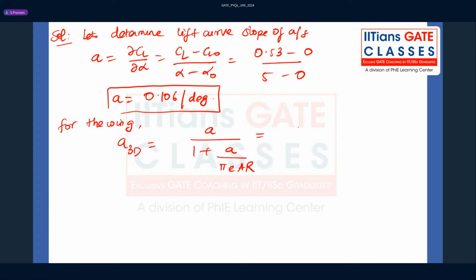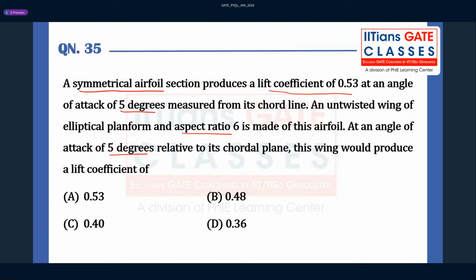If we substitute it over here, we'll have 0.106 by 1 plus 0.106 divided by pi e AR. Substituting the values again, for an elliptical planform your e is 1 because it has the highest efficiency, and aspect ratio is 6.